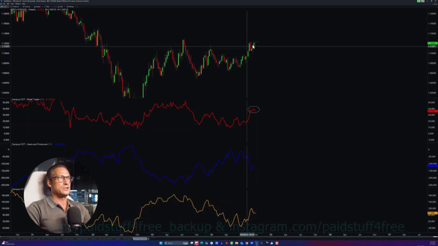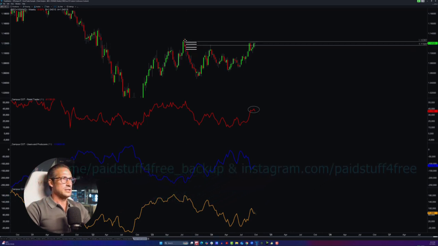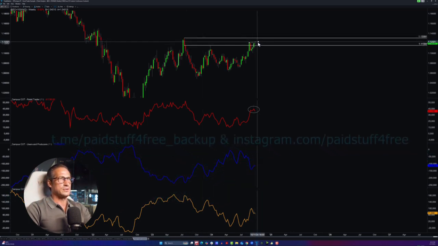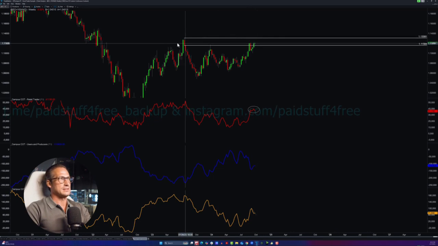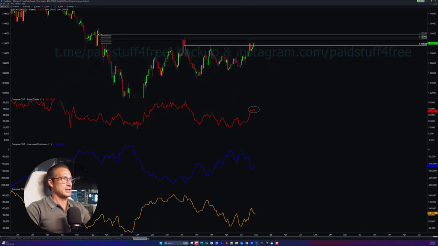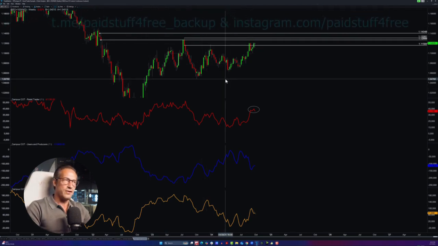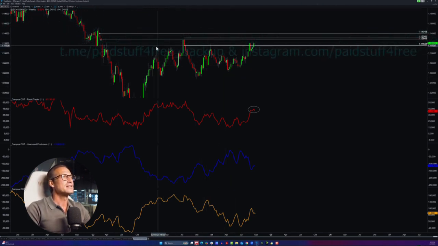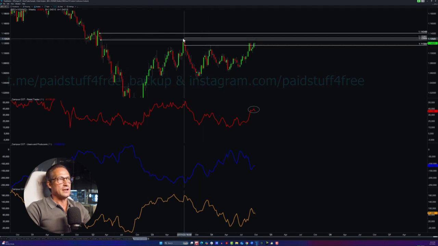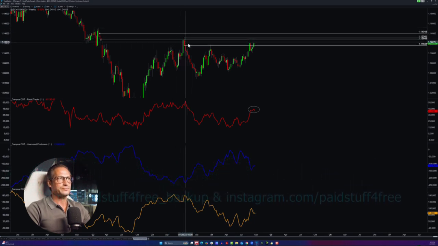On the weekly chart, we see here a supply zone which has been tested a couple of times. The way I'm doing this, very advanced, we have level on top of level that is overlapping here, so it has been tested here just a little bit.